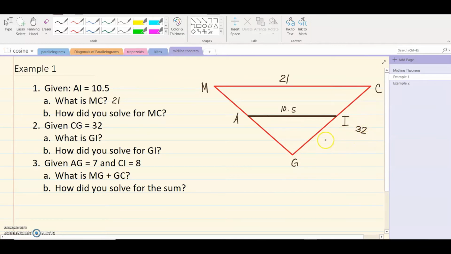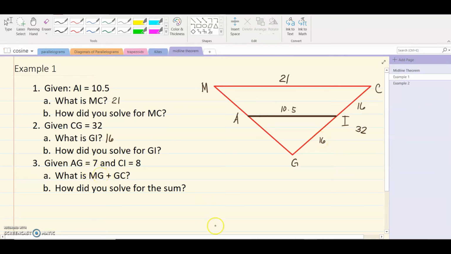So GI, since GC is 32, GI will be 16. And of course, IC will also be 16. So GI here is 16. How did we solve for GI? We just divide this length by 2.